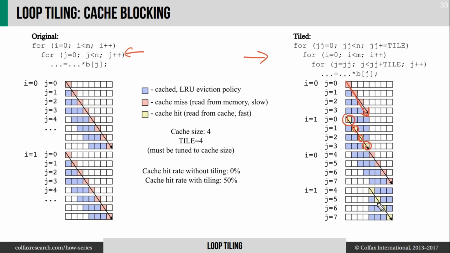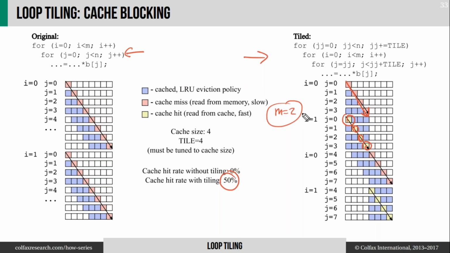Eventually, I will process all the elements the required number of times, but for this particular case where m equals 2, I have a 50% cache hit rate. If m was much greater than 1, I would have a cache hit rate close to 100%.